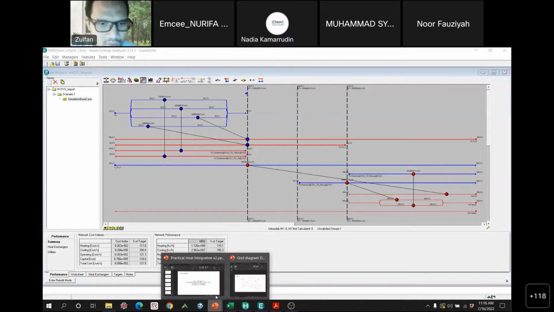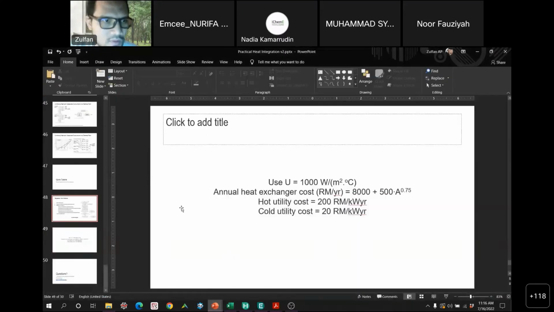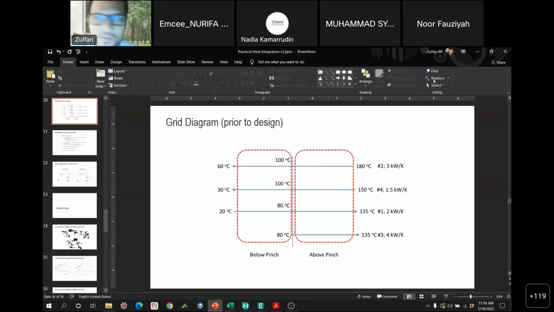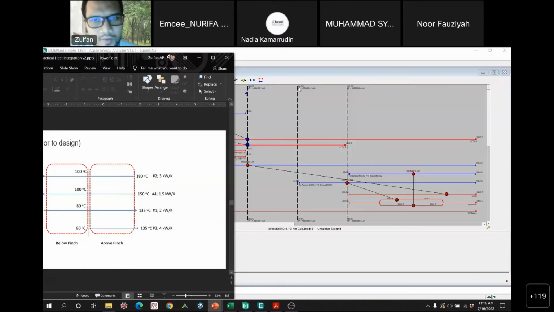I'll put this up so that you can see what I'm talking about. So this line is that line, and all of this energy from the lower part to the right is heated up by the hot oil.